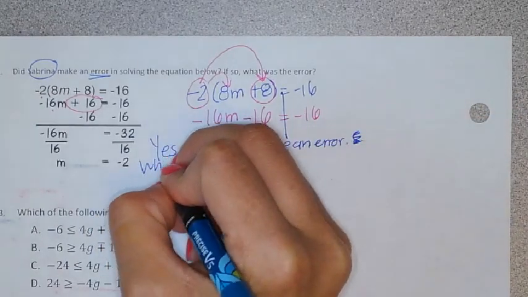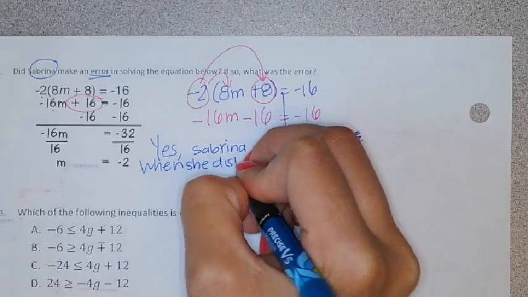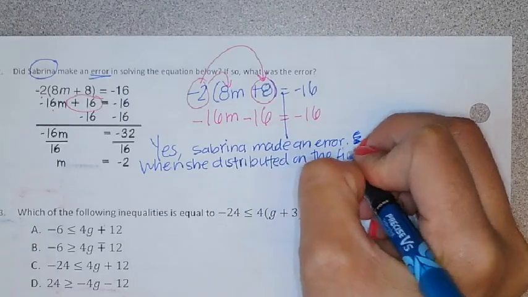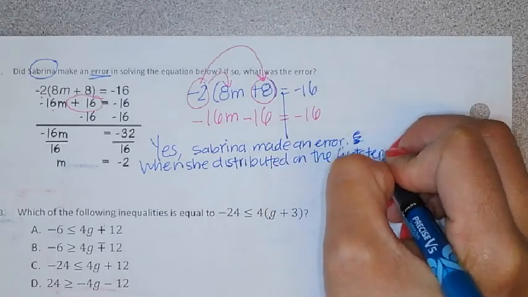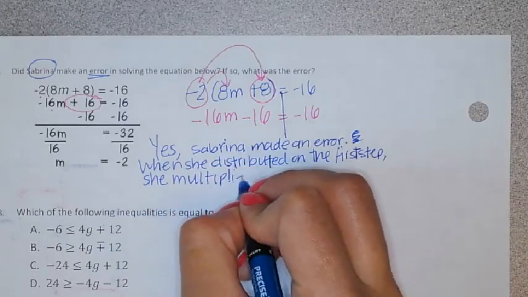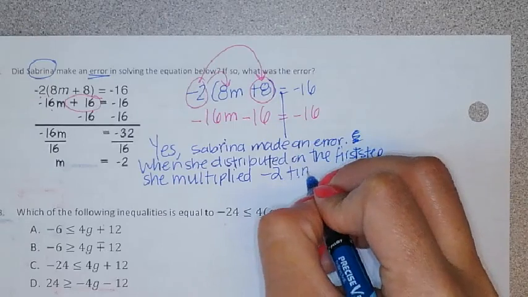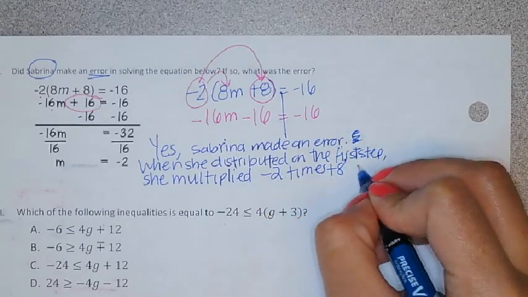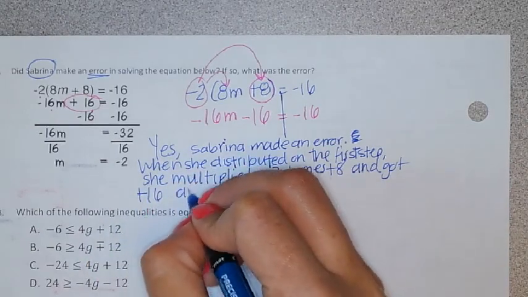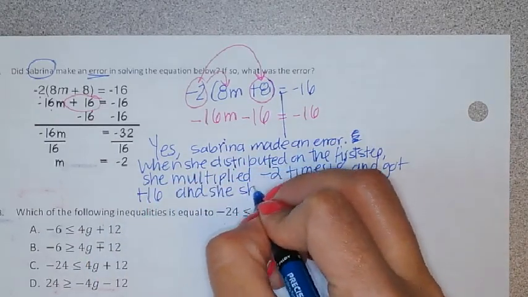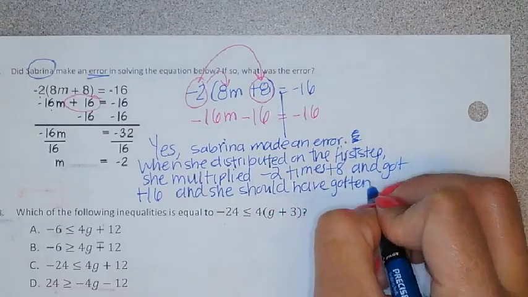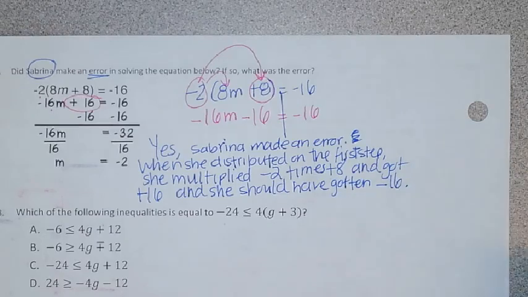When she distributed in the first step, she multiplied negative 2 times positive 8 and got positive 16, and she should have gotten negative 16, okay?